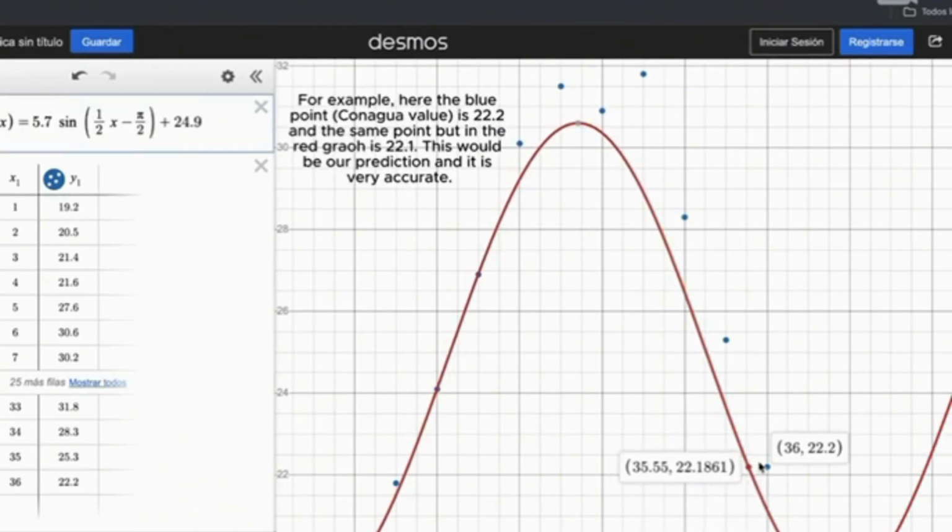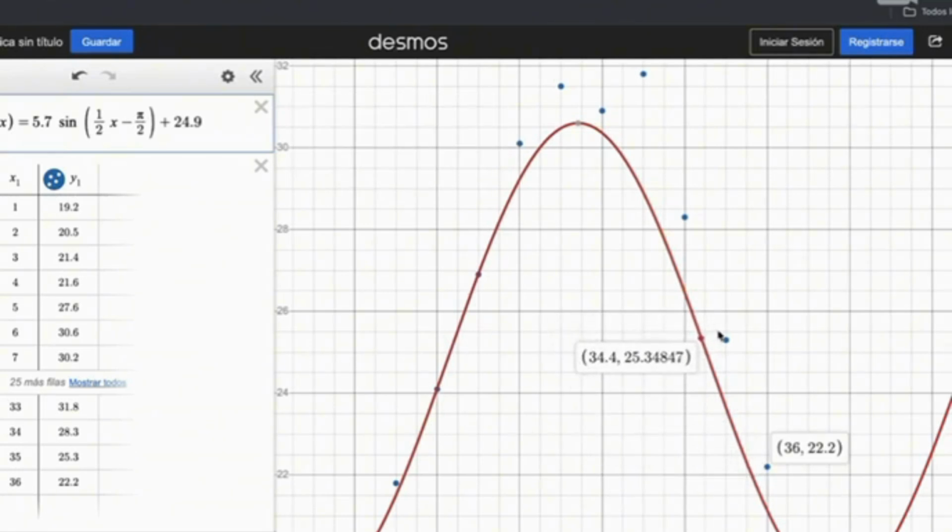The point in graph 2, the red graph, has to be at the same point on the y-axis as the blue point. And if we did things right, the x-axis should also be close to the coordinates of the blue dot. If this were the case, we would have our predictions correct and the function would turn out correctly.